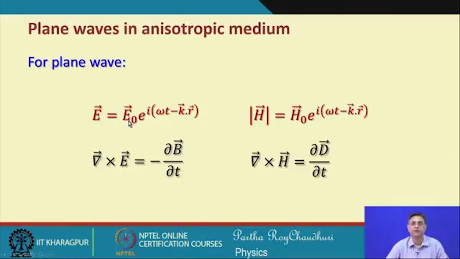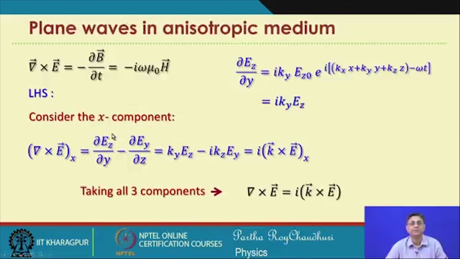Right. So, if we assume this solution, we can plug it into the curl equations for E and H, and let us see what happens if we consider only the x component of the curl.